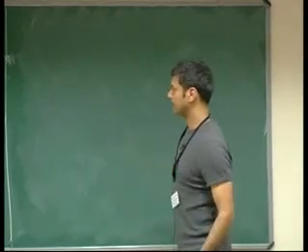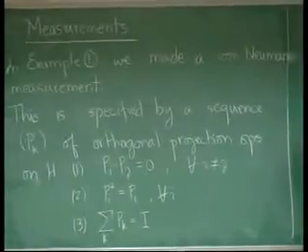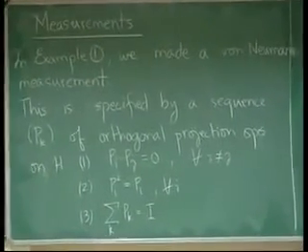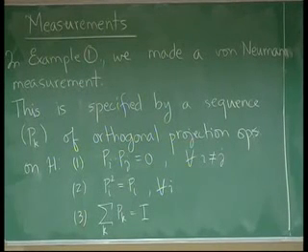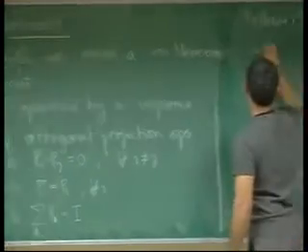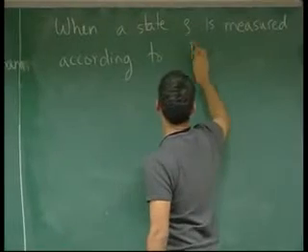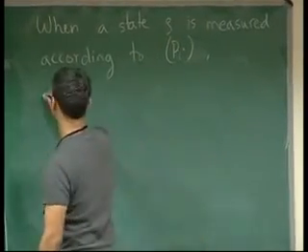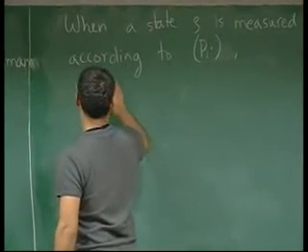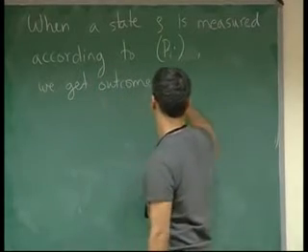Now, you might ask what happens when you make this measurement. So when a state rho is measured according to this measurement, you get outcome i.